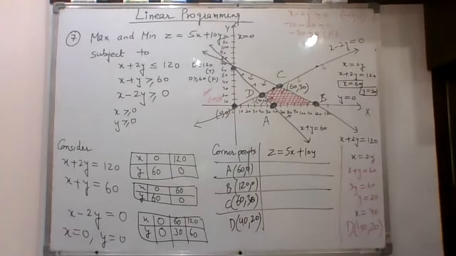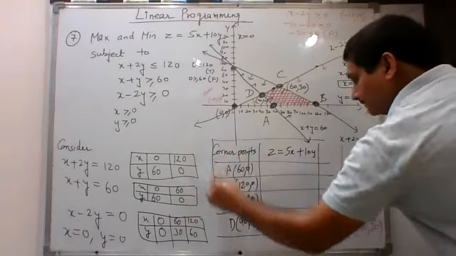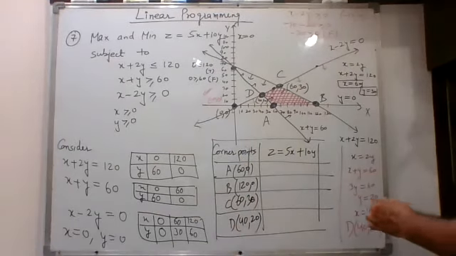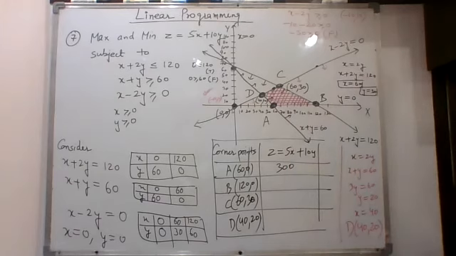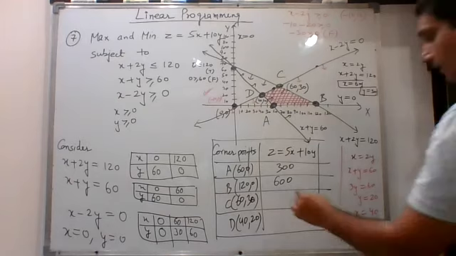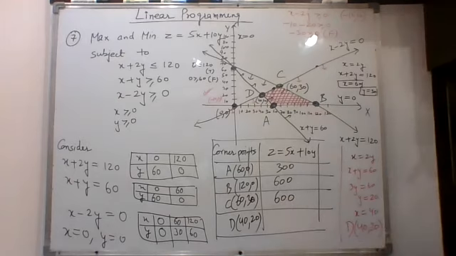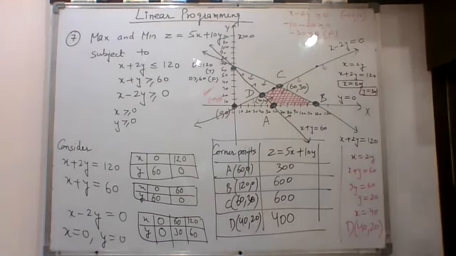Now, one by one, just substitute the values in the objective function and do calculations. You can see that the first one will be 300, the second one will be 600, the next will also be 600 after calculations, you can check, and D will be 400.